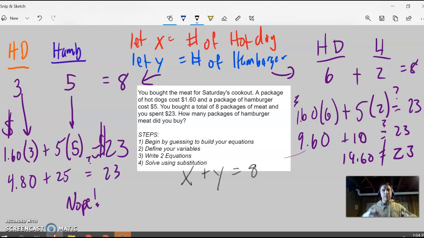Well, then we have to have the cost. So it's $1.60 for every set of hot dogs plus $5 for every set of hamburgers. And we know that needs to equal $23. Again, you can put the dollar sign in there. I'm just trying to remind you, one of these is a money equation this time, and one of these is a quantity equation.